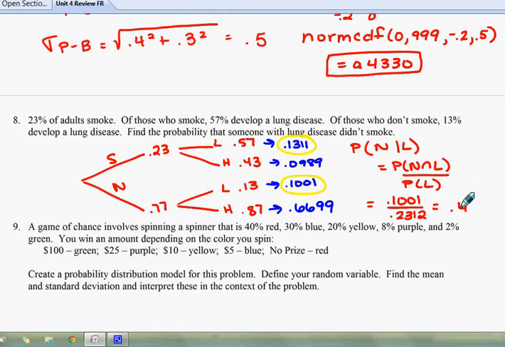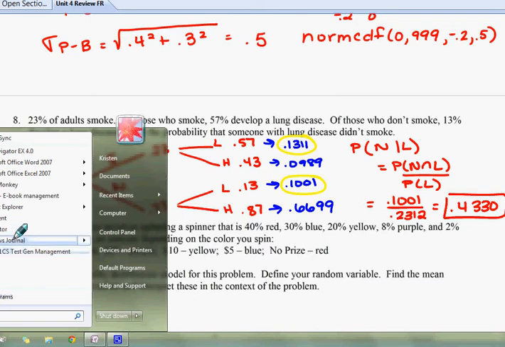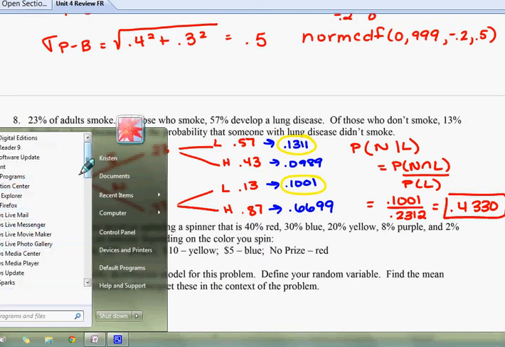Nope, sorry, I wrote this answer down. That was the answer to the next problem, so actually, let me go ahead and calculate what the answer to that one is.